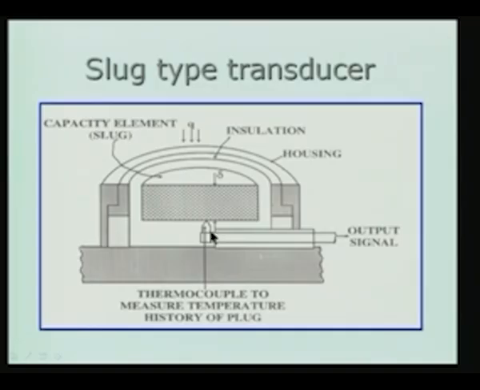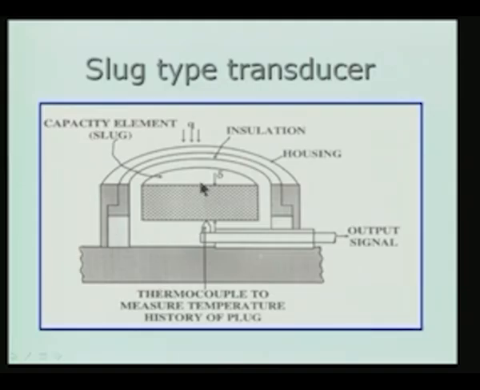We will look at two cases, one where the slug is so thin in this direction, the delta which I have shown here is the thickness of the slug in the direction parallel to the applied heat flux. If this thickness is very small and if the thermal conductivity of the material is large enough, then we can assume that the time taken for the temperature information from the top to the bottom is very small.